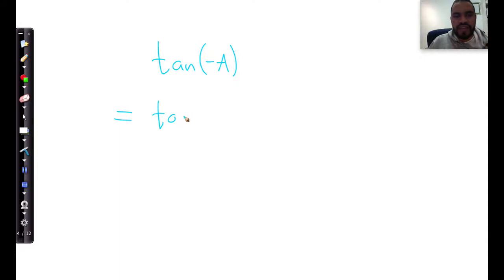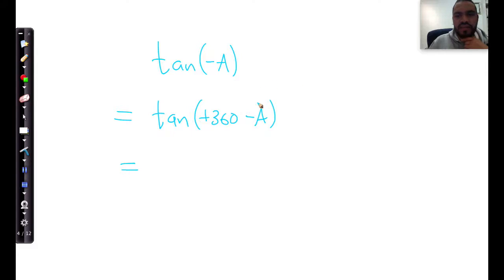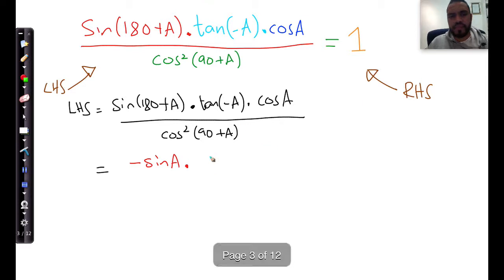So for the negative angle, I'm going to first simplify that as tan of plus 360 minus a, and you should know why this works. Now you identify 360 minus a, and this angle now occurs in the fourth quadrant, right? And in the fourth quadrant, tan happens to be negative, so it's negative tan of a. Remember, it's multiplied now, negative tan of a.